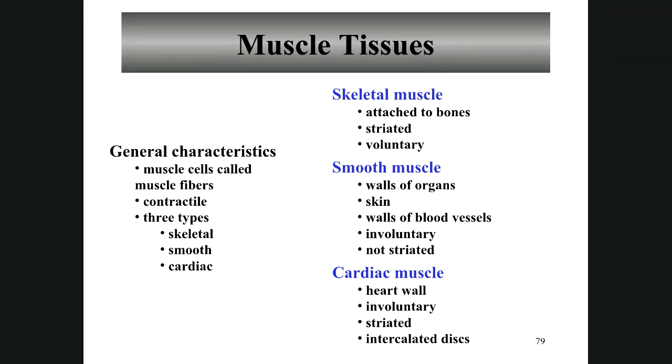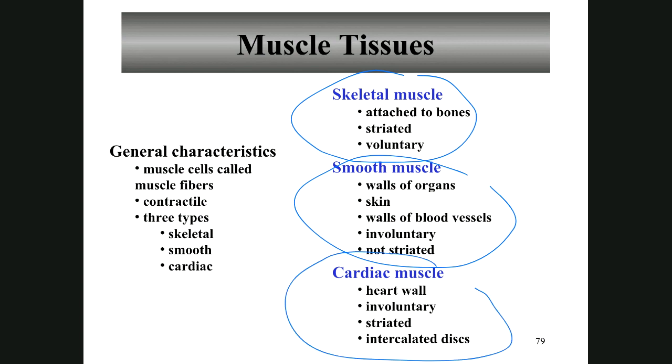Muscle, the major function of muscle is basically to contract. There are three kinds. There is skeletal muscle, which attaches to the skeleton, smooth muscle, which is found in most visceral organs, and cardiac muscle, which is around the heart.